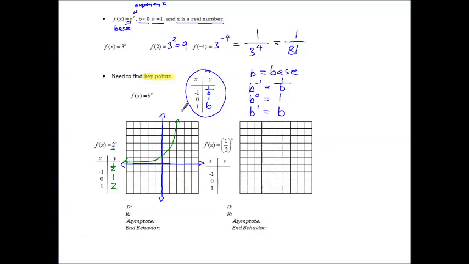So what can we say about our domain? The domain is x such that x is an element of the real numbers. It goes from negative infinity all the way to positive infinity. The range, however, is a little different. The range will not go lower than 0. It will not even touch 0.